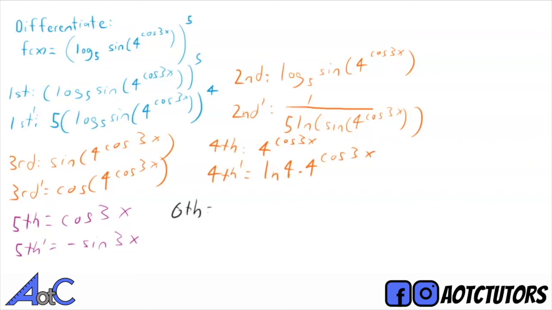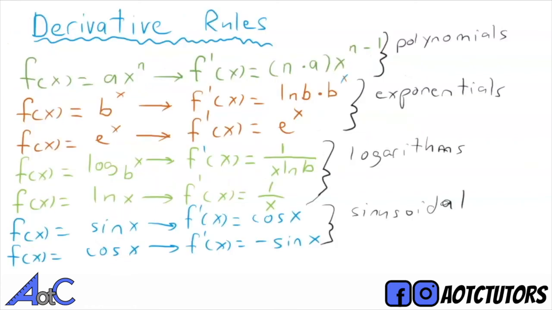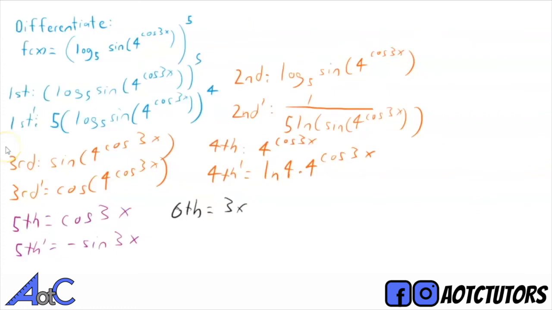That sixth function is just going to be 3x, and 3x is just a polynomial. I can assume there's a power of 1 here. I can drag the power down: 1 times 3 is 3. Then I would technically have x to the power of 0, but x to the power of 0 is just 1. So I just get 3.